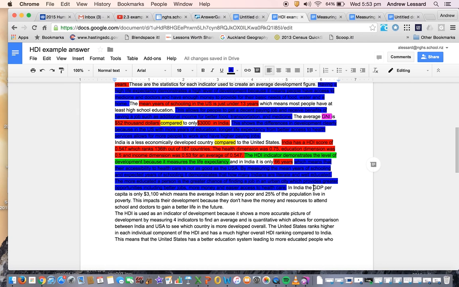Now, GDP is an example of a geographic term. 3,100 is India's GDP per capita.